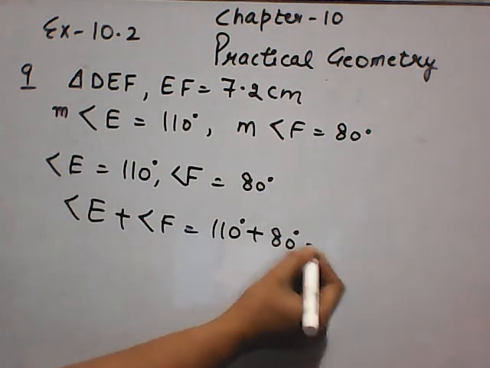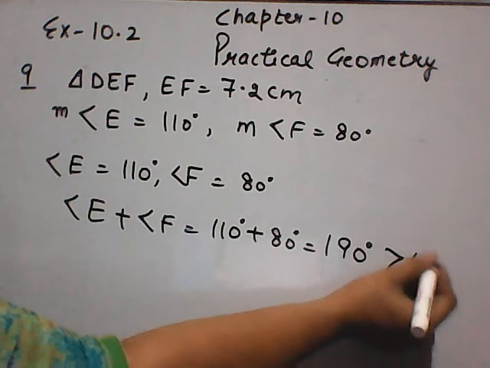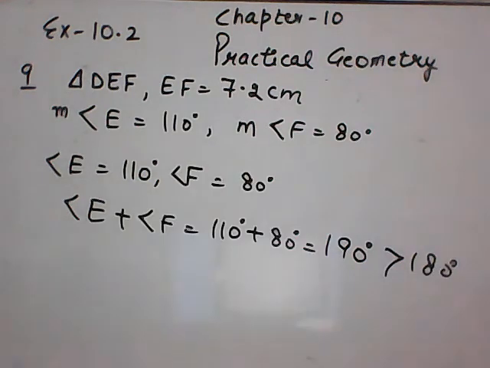It is 190 degree. 190 degree is greater than 180 degree. So we cannot construct triangles. It is not possible to construct a triangle as sum of two angles is greater than 180 degree. Let's move to next question.